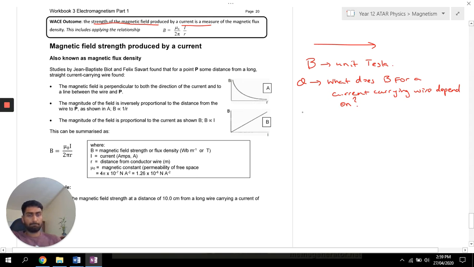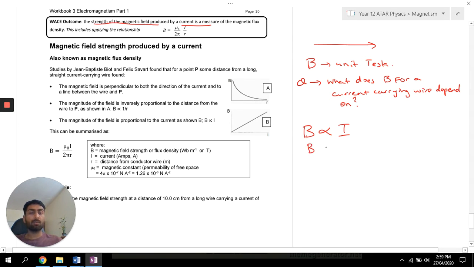Okie dokie. So if we think about this, obviously the first thing it would depend on is the amount of current flowing through. So it's directly proportional to the amount of current. And if you move further away from that wire, obviously your magnetic field strength is going to decrease.